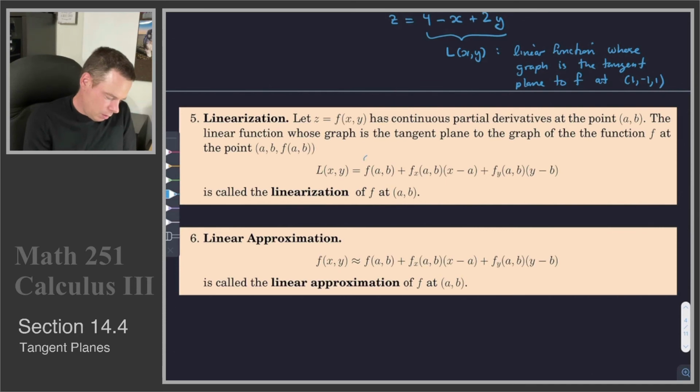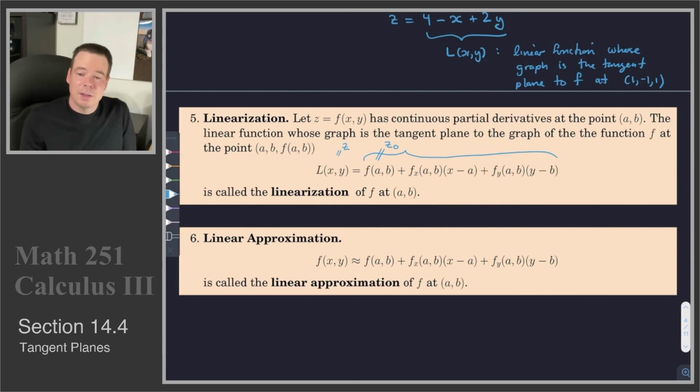So the linearization is really just the tangent plane written in the form z equals z naught plus the x derivative times the change in x plus the y derivative times the change in y. If I put in the value for z and z naught, that's really the tangent plane. So all we're doing is making it into a function. And now that's the linearization.